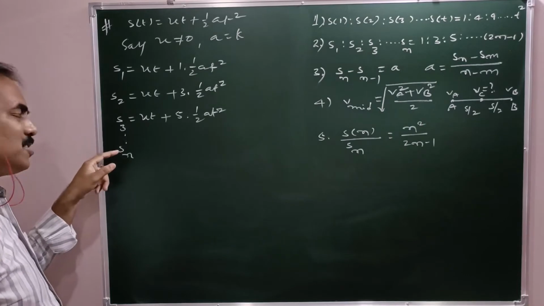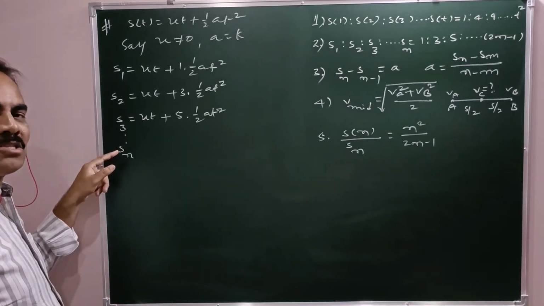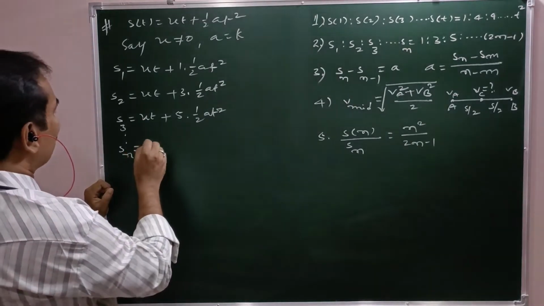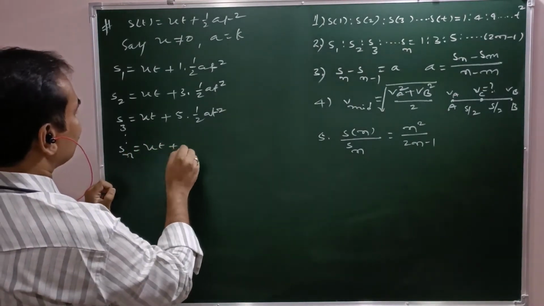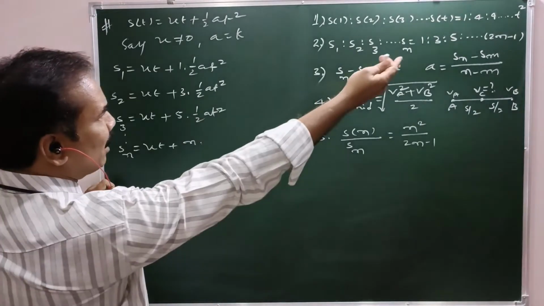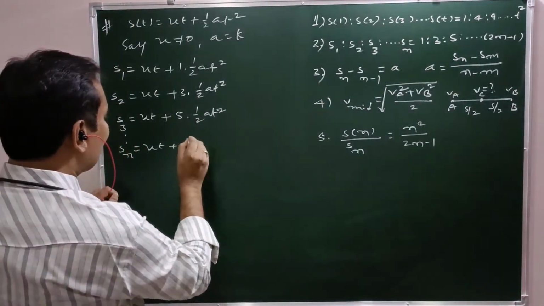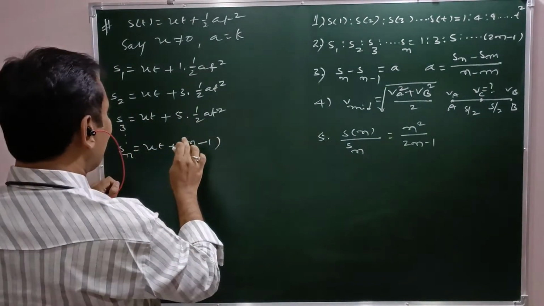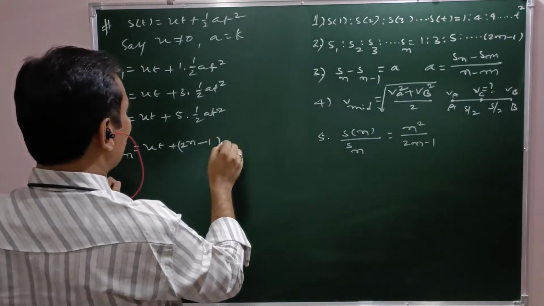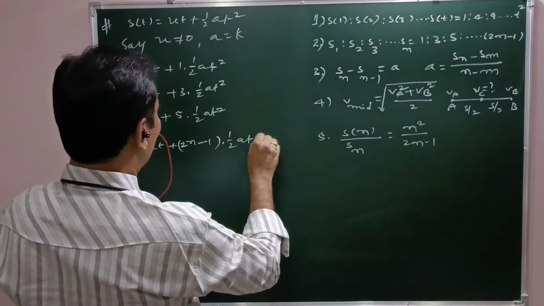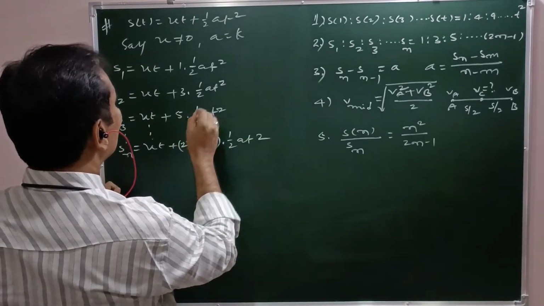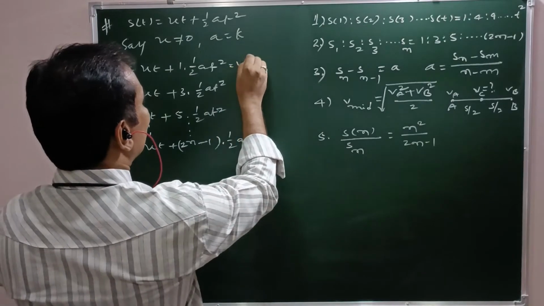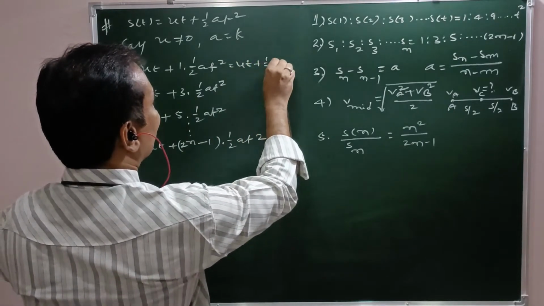This is the distance covered in last t seconds, not the tth second, last t seconds. That equal to ut plus, sorry, 2n minus 1. See, the last value is 2n minus 1, 2n minus 1 into half at square.